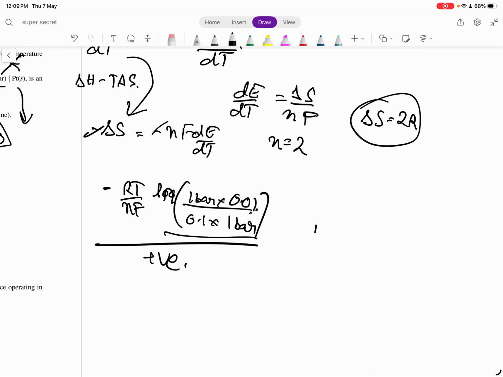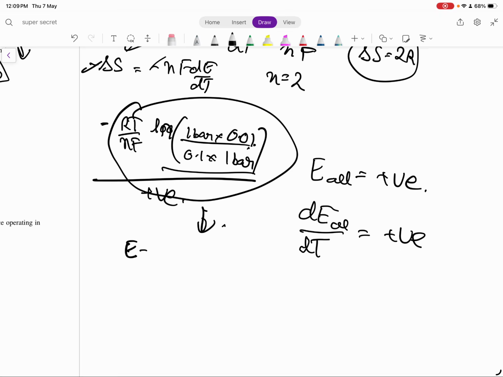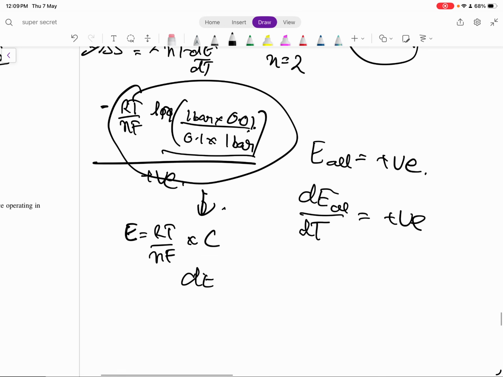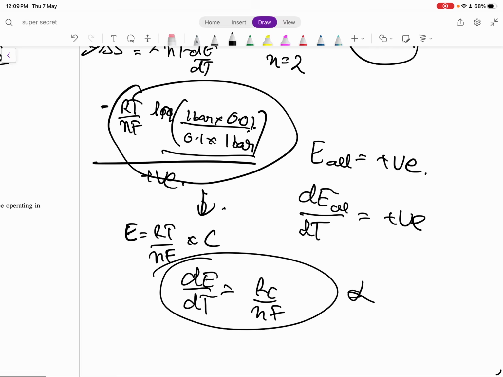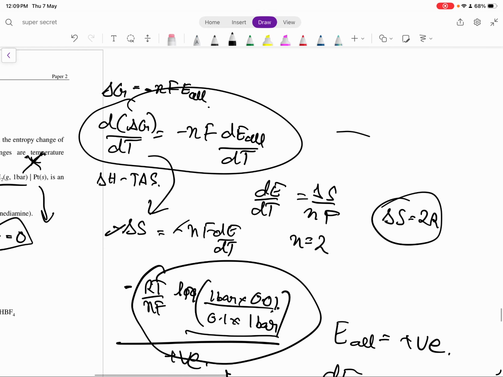So E cell is positive, dE cell by dt is also positive because E is equal to RT by NF into some constant C. dE by dt is equal to some positive constant RC by NF. So dE by dt is directly proportional to delta S with no sign change, as we found out here. So I think BCD is the answer.